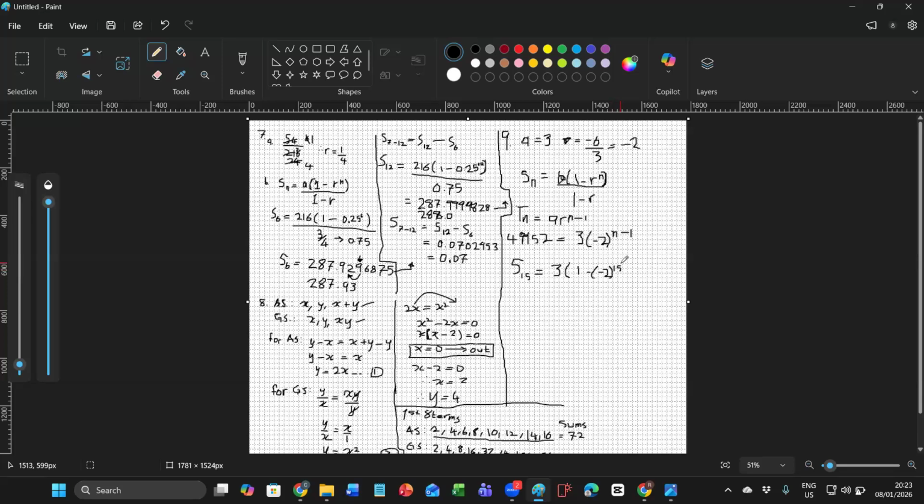So when you are doing your calculator, you have to be very, very careful with that minus outside.